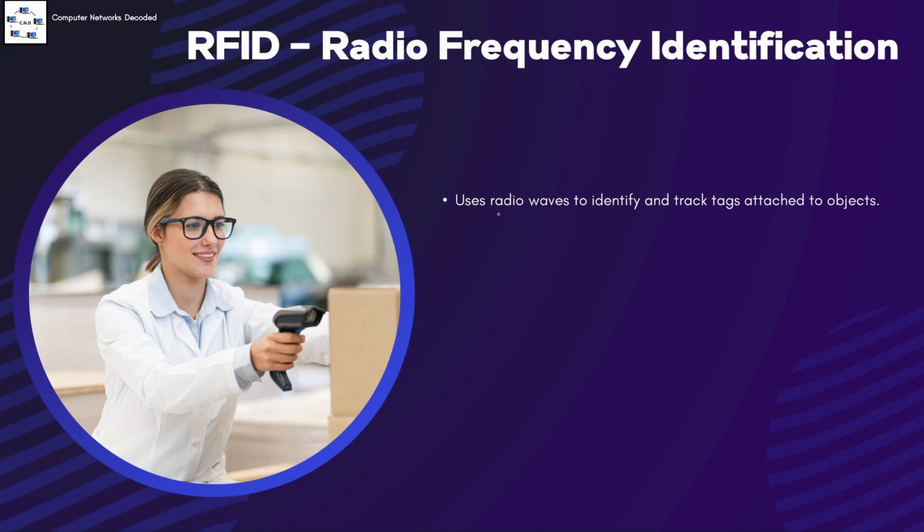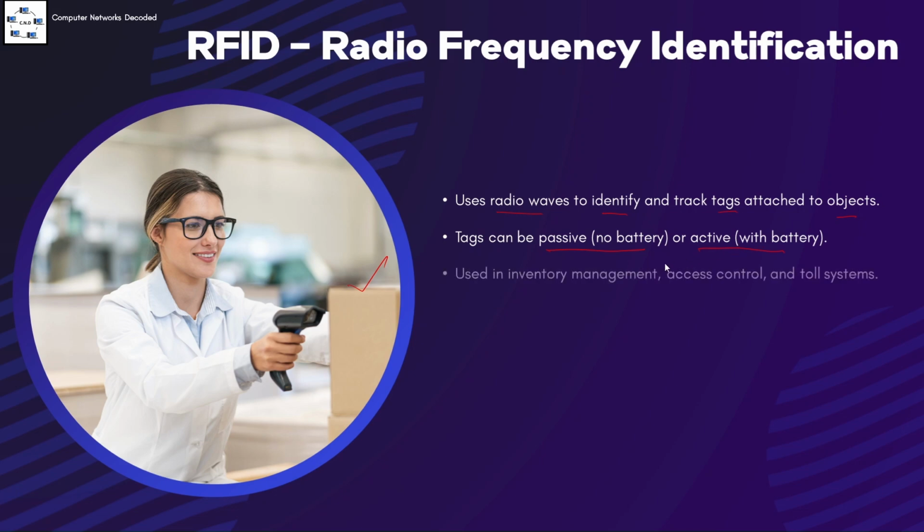Next one is RFID, that is radio frequency identification. It also uses radio waves to identify and track tags attached to objects. And tags can be passive, that means the tags do not require any battery, or they can be active, which means they are battery powered. It is used in inventory management, access control, and toll systems.